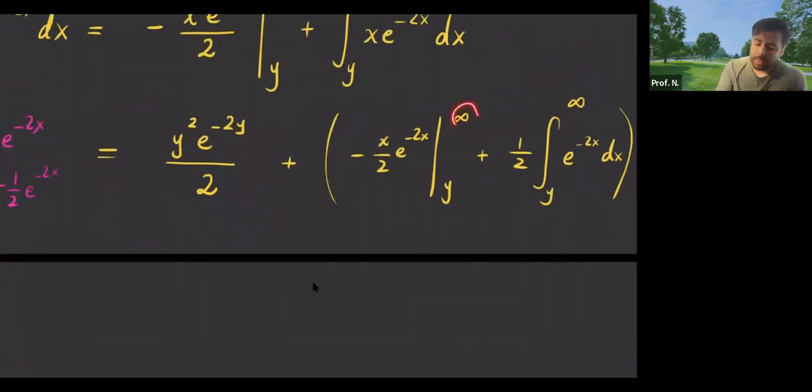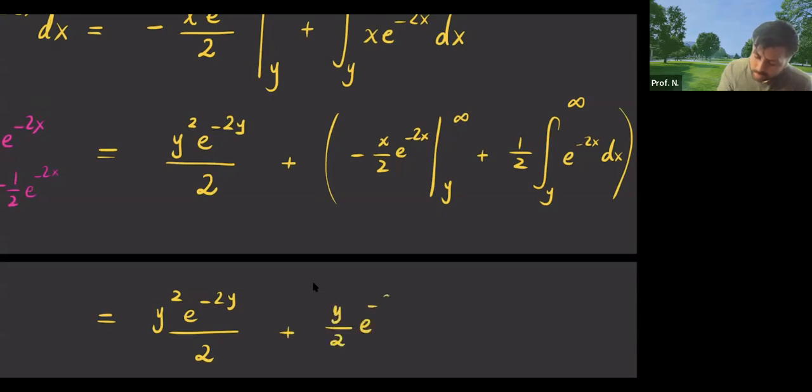When you plug in infinity for this guy here, again, you get 0, and you plug in y, you get y squared e to the negative 2y over 2 plus y over 2 e to the negative 2y.